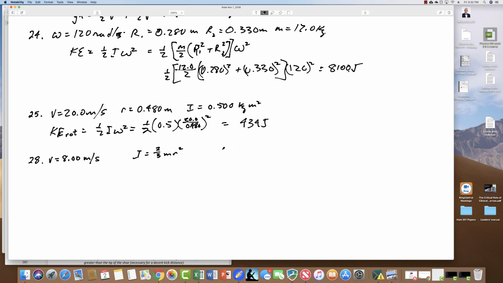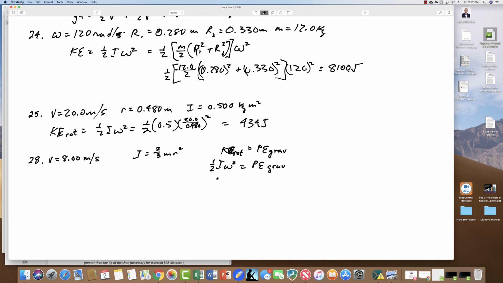So we know that KE rotational is equal to gravity. And so 1/2 mv squared is equal to 1/2 I omega squared is equal to potential energy of gravity.